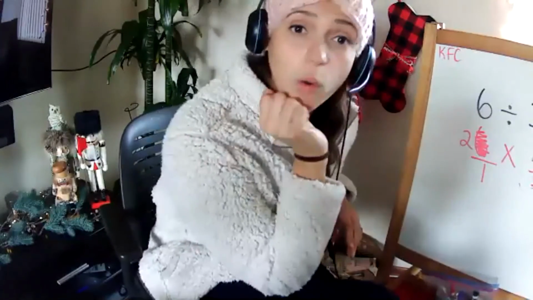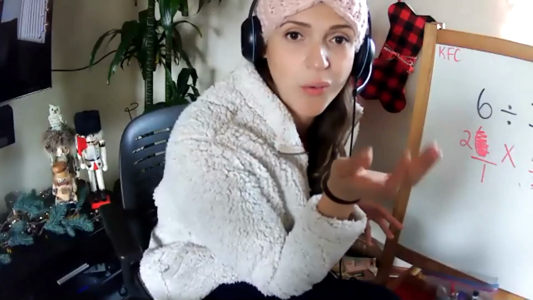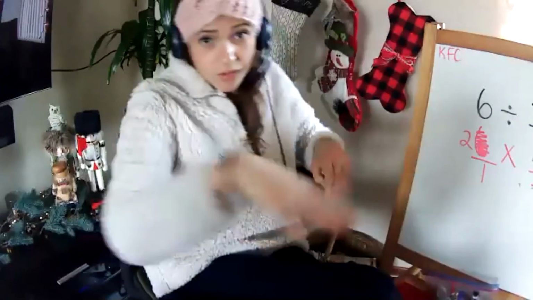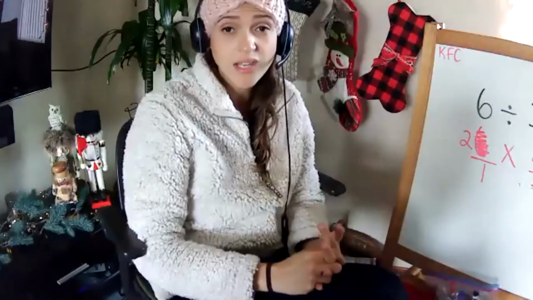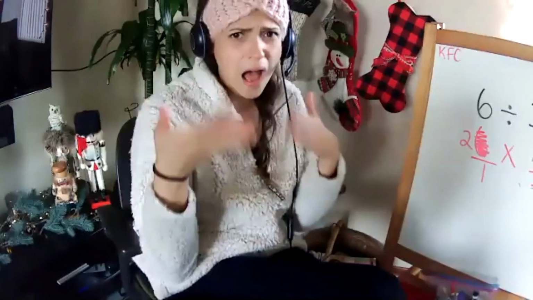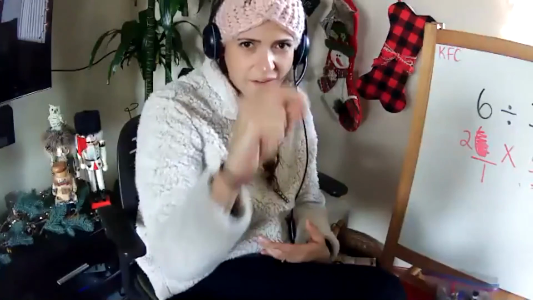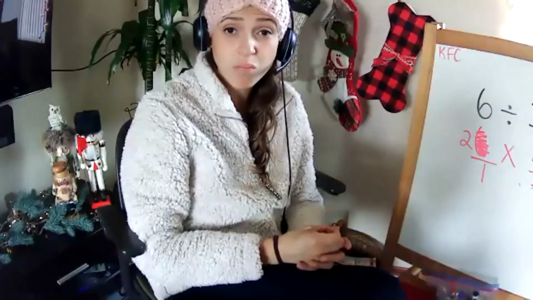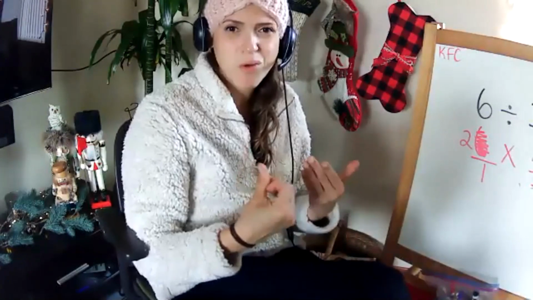With the hot cocoa, I started off with 8 cups of cocoa, but each serving that Willow was giving to her friends was only a quarter cup. So you're going to have a lot more cups if you're only giving everybody a quarter each. You're multiplying your amount, but making each piece smaller.